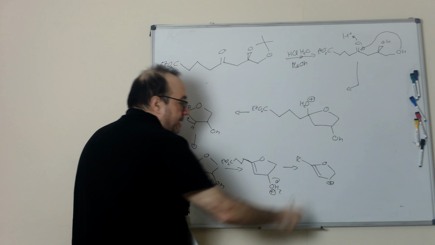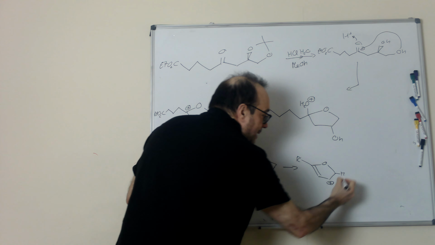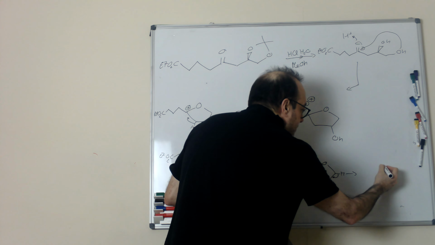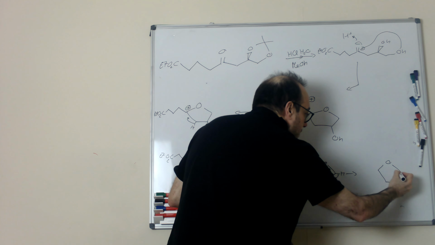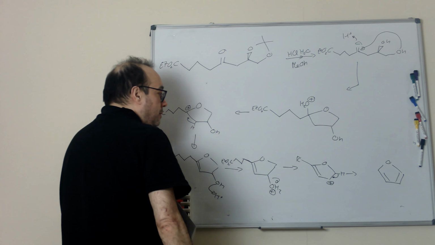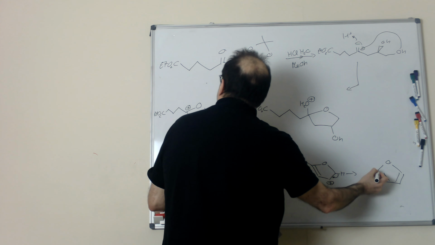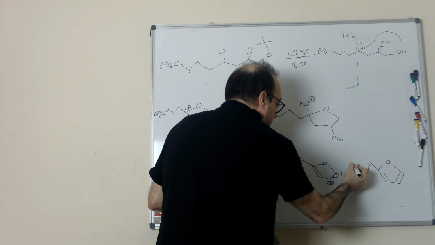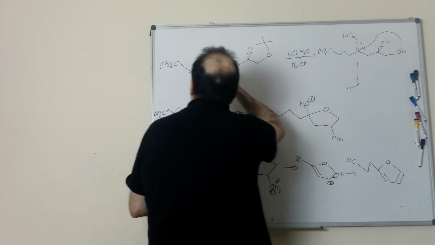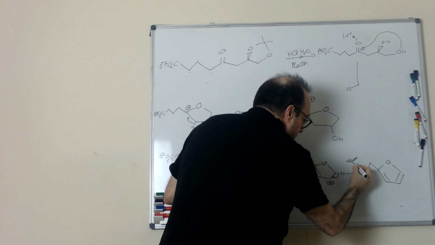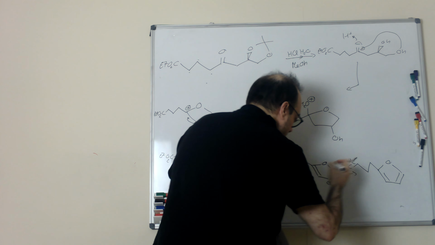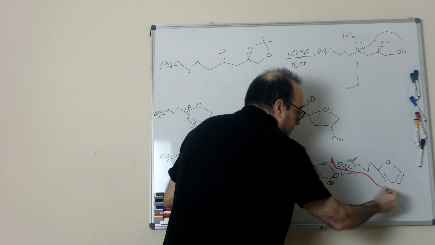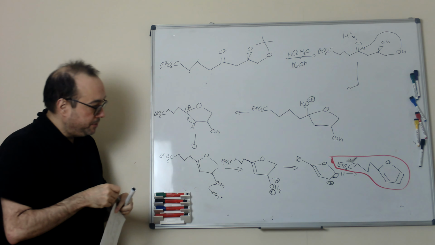The water is leaving, I generate this carbocation, and then again E1 elimination, and what I get is the furan, and this will be the final compound. This will be the final compound.